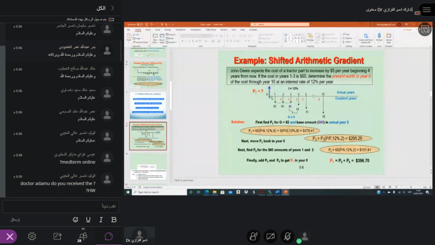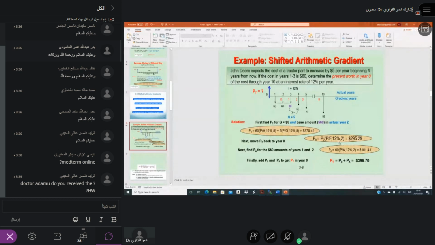If you want to find P0, you move back to the 0 here. So at 0, you are trying to find the P, that is P2, given this future amount of $60, 12%, and because this is at year 2, the number of periods becomes 2. So you put it like this, and then you find the value here.